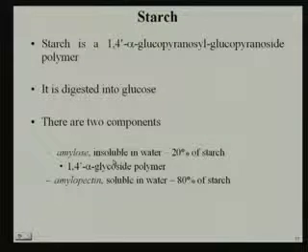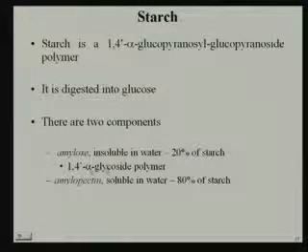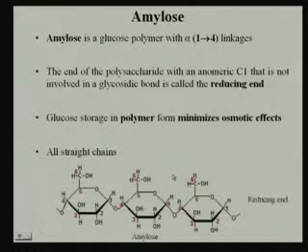Now amylose is insoluble in water and makes up about 20% of the starch. The alpha 1,4 glycosidic linkage links the glucose moieties. Amylopectin is soluble in water and contains 80% of the starch.